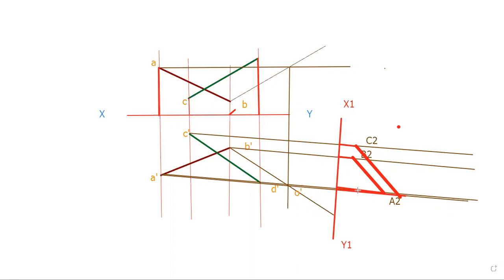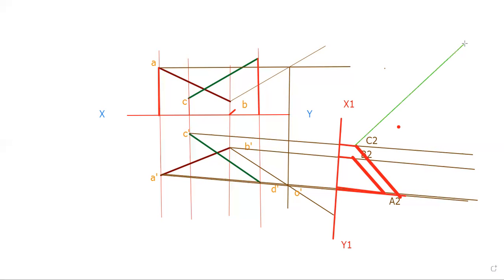So for this step, I must draw perpendicular lines through all these points. Let me use green, this line with thickness. So I'm going to draw perpendicular lines through all these points.